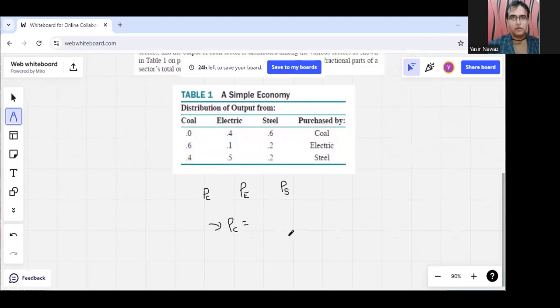The output and input should be equal. So PC is the total output of the coal sector. And the input of the coal is 0.4 of the electric sector and 0.6 of the steel sector. So that's the output of coal, and this is the input of coal. Input is equal to output, so that's why PC is equal to these two.